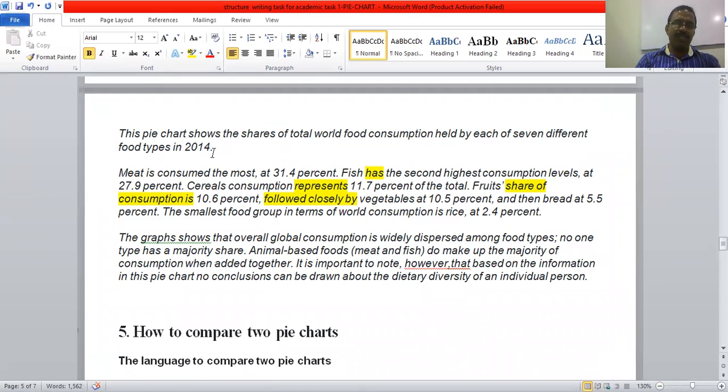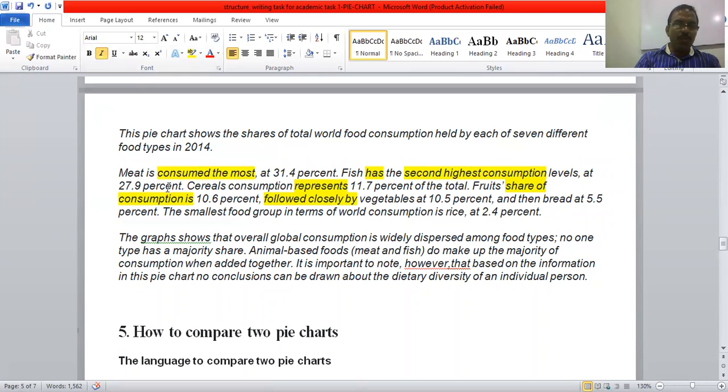Meat is consumed the most, showing the highest. Okay, consumed the most. So this is showing the highest at 31.4%. Fish has the second highest consumption levels. So we are mentioning the major information first, at 27.9%.